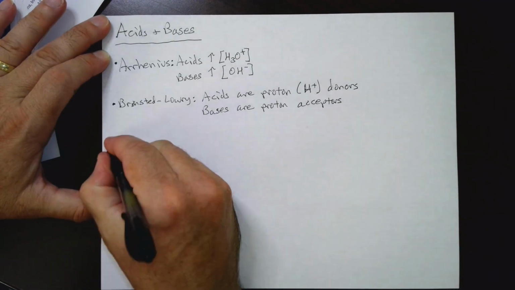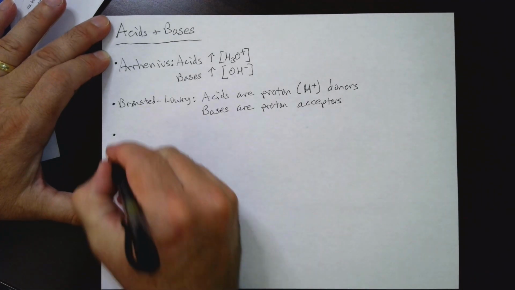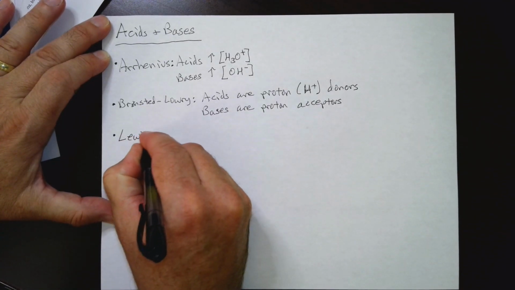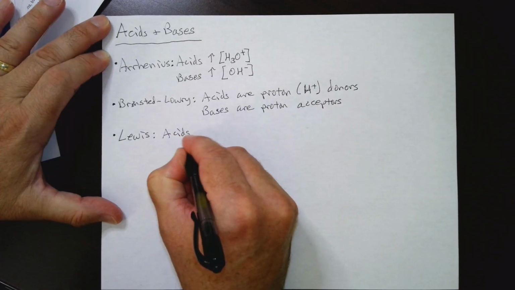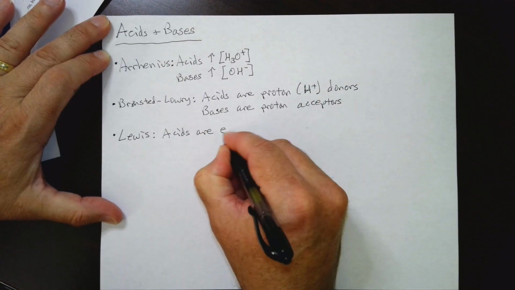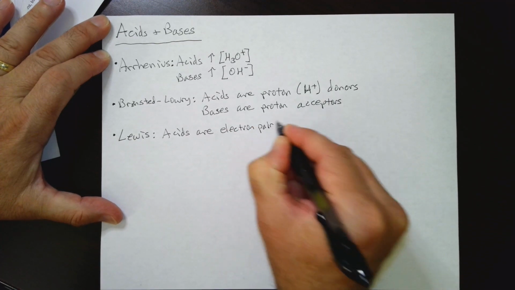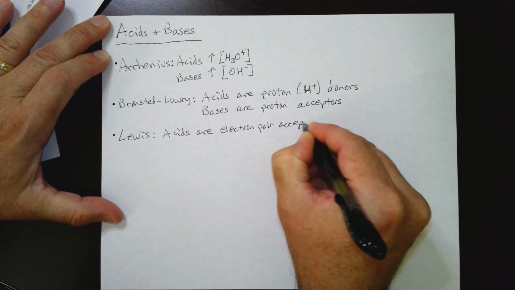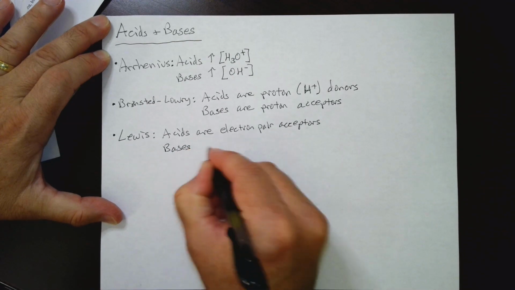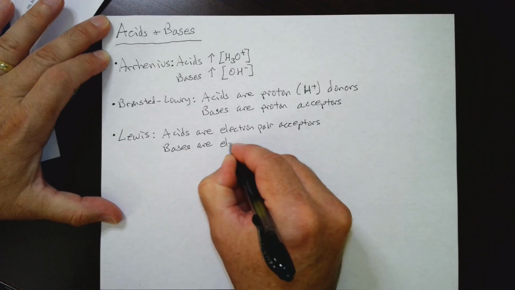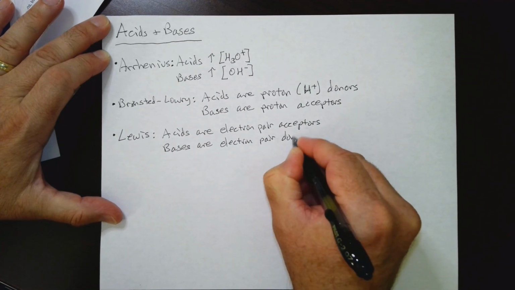The final category, which you may have been introduced to in Chem 1B, is the Lewis definition of acids and bases. So Lewis acids are electron pair acceptors, and Lewis bases are electron pair donors.